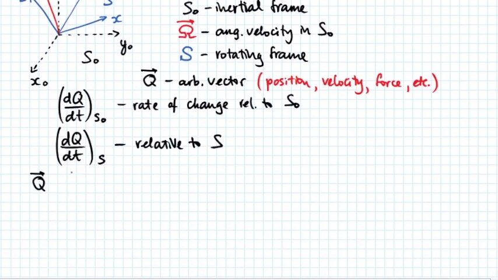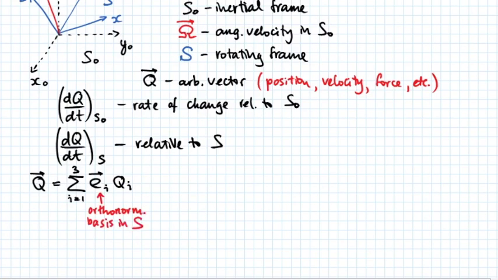We write vector q in orthonormal basis in reference frame S. Orthonormal basis in S is fixed. It rotates with frame S.